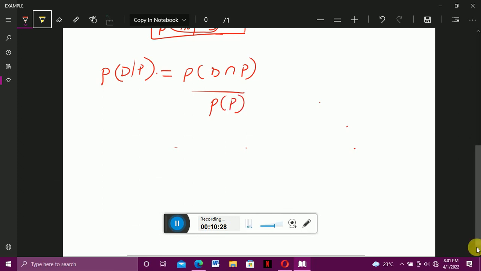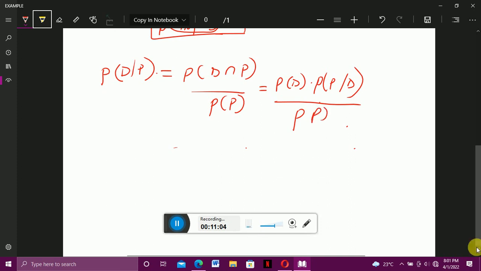This is conditional probability. You remember the denominator is a total probability. So the numerator is the probability of disease times the probability of getting a positive result given you have the disease, over the probability of getting a positive result.